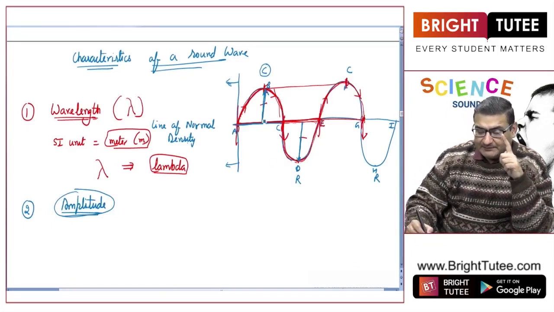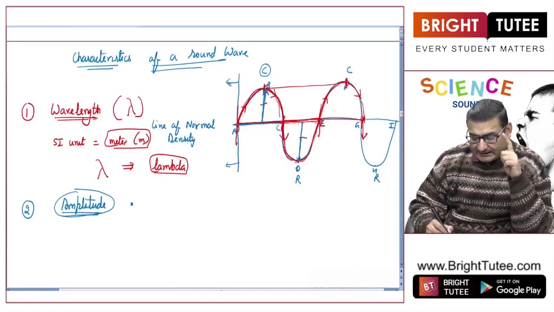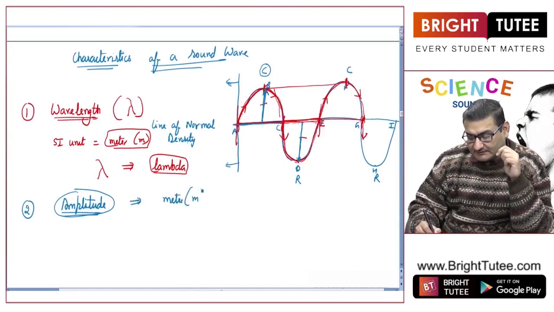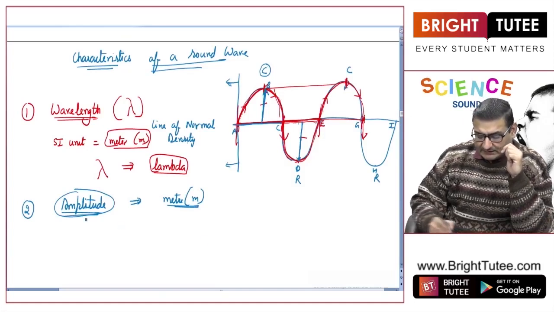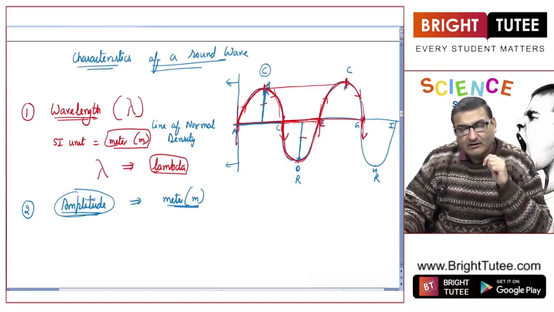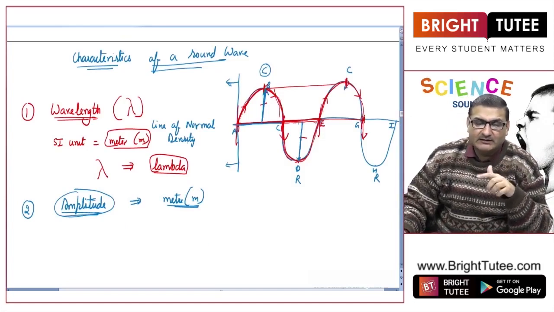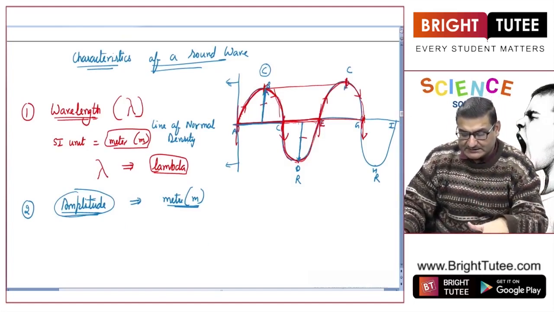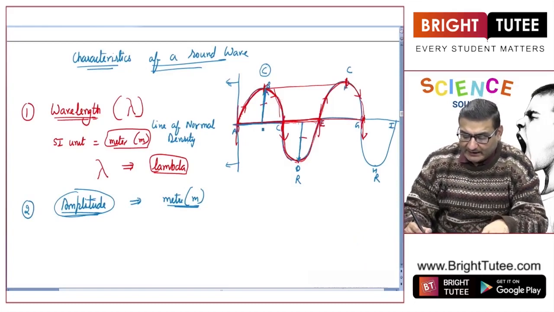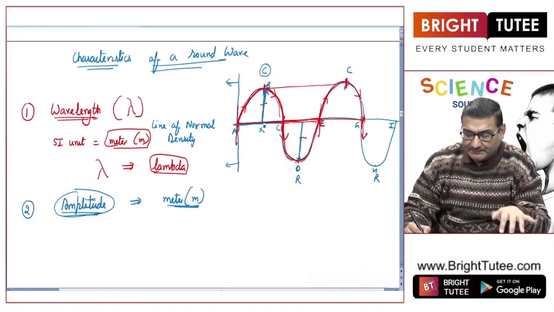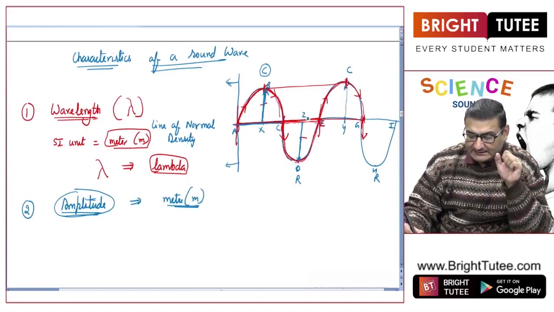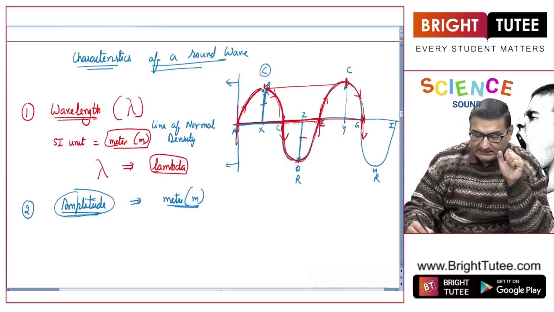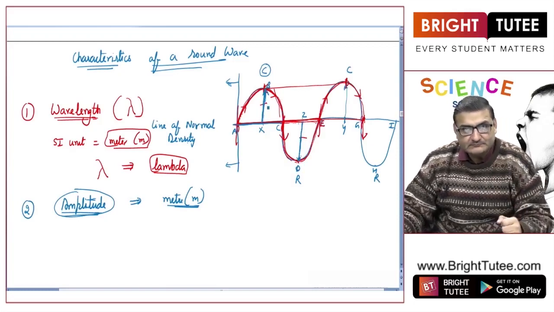And since the amplitude is a displacement, again the SI unit will be meter, represented by small m. Fine. This is the amplitude of a particular sound wave. Clear? If I take the point x, so this will be bx, and if I take y, then cy, or if this point is z, then dz. This is the amplitude. Clear?